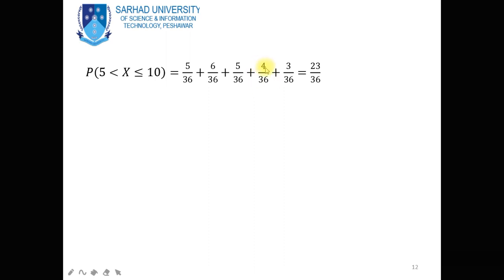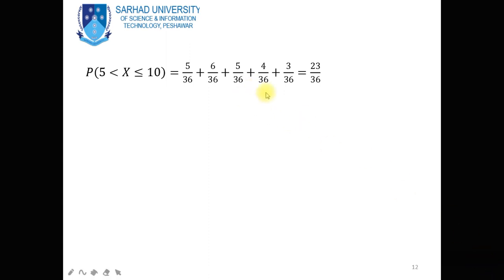In case of x equal to 8, we have outcomes: 2, 6, 6, 2, 4 and 4, and similarly 5, 3 and 3, 5.